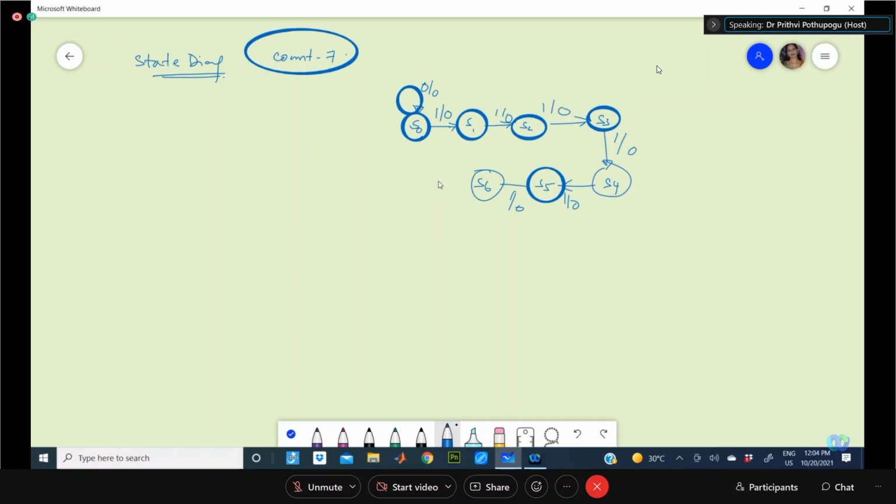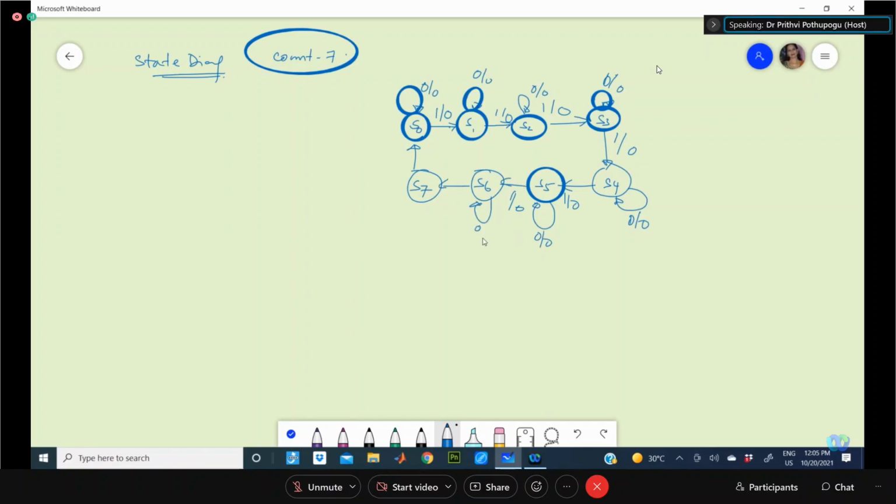After the seventh count, see here, any zero coming in means no count, and it will stay in the same state. This is simple counter logic. If it is 1, it initiates the next count, or else it will stay in the same state.